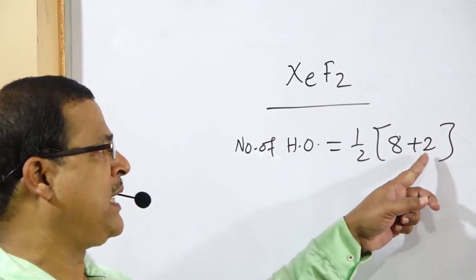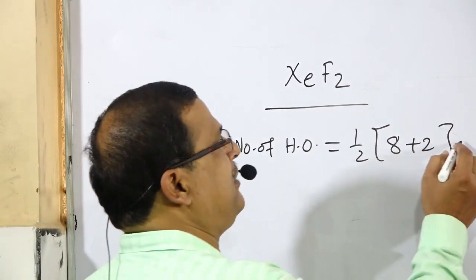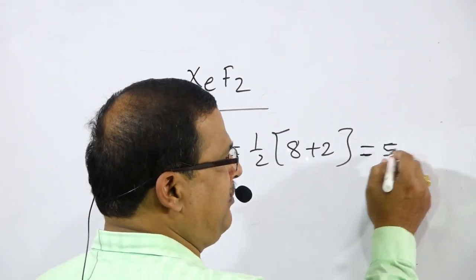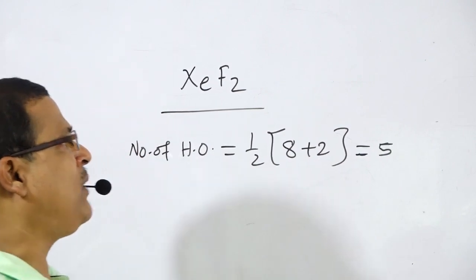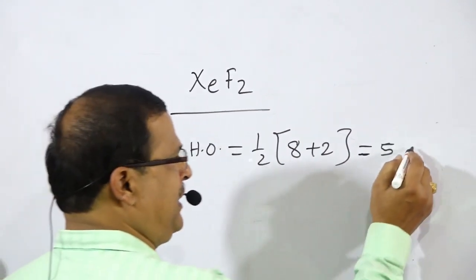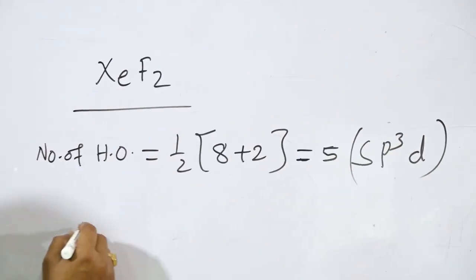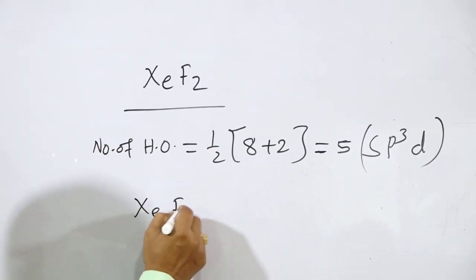That is 8 plus 2, that is 10, divided by 2, that is 5. By comparing with the table, the nature of hybridization is sp3d. Next, xenon tetrafluoride.